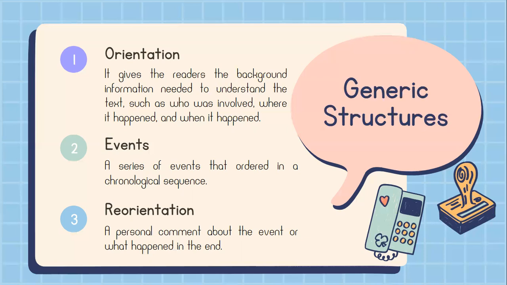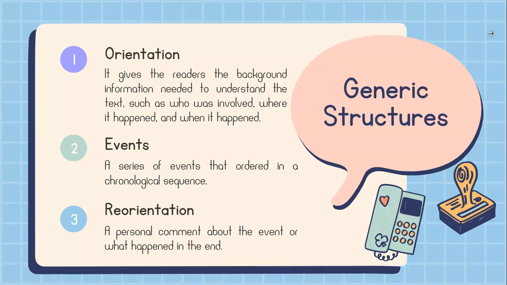It is a series of events ordered in a chronological sequence. So here the writer tells the events in a chronological way. And the third one is reorientation. It is a personal comment about the event or what happened in the end. So here the writer tells the readers about his or her feelings.